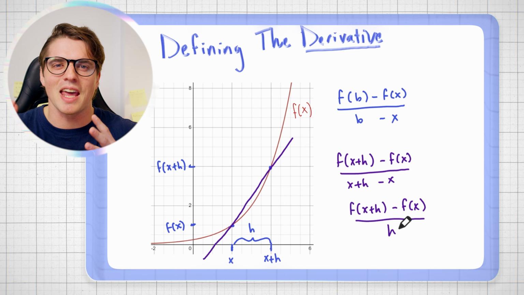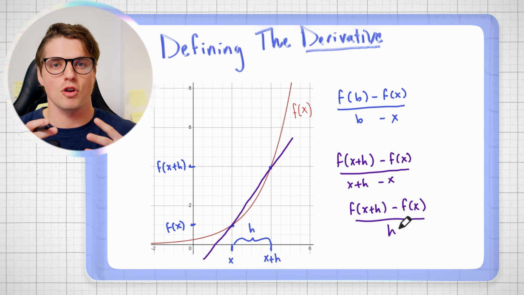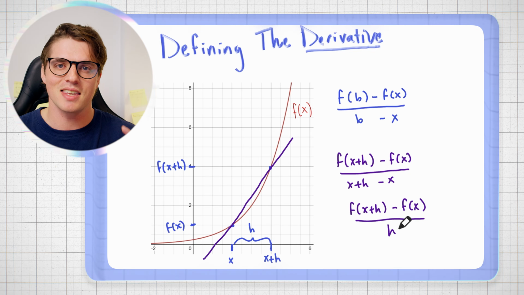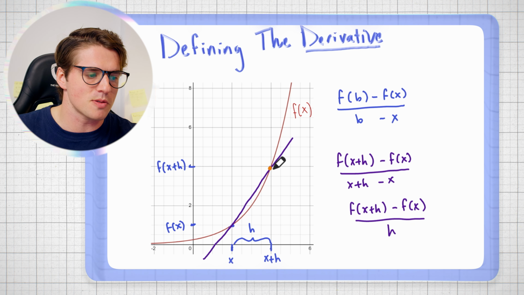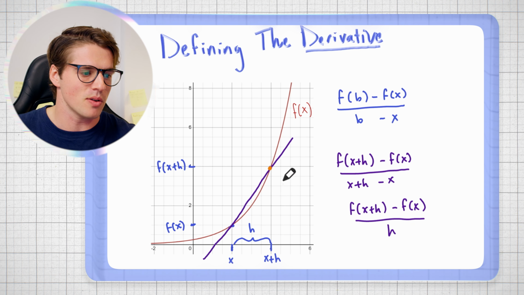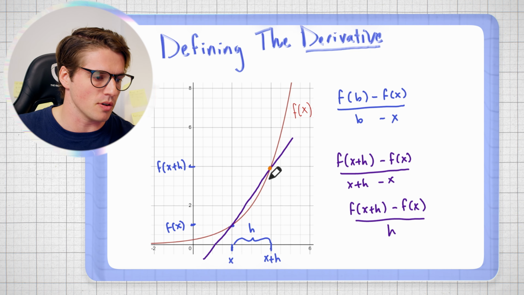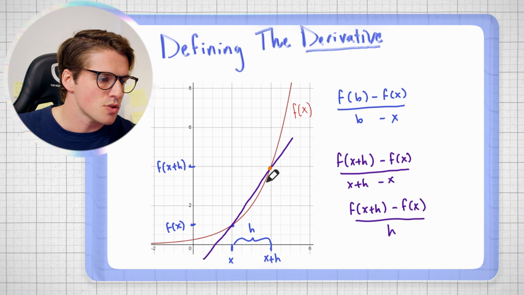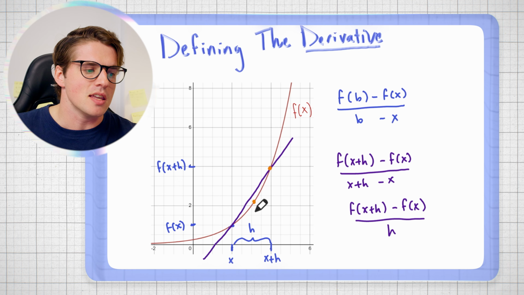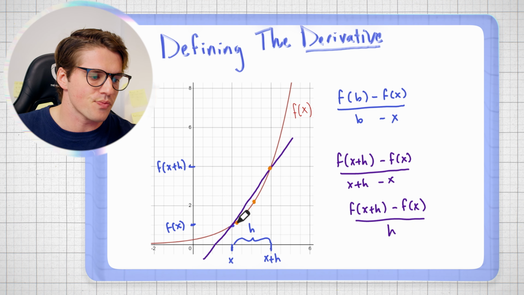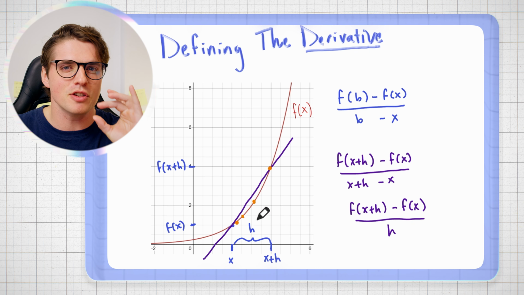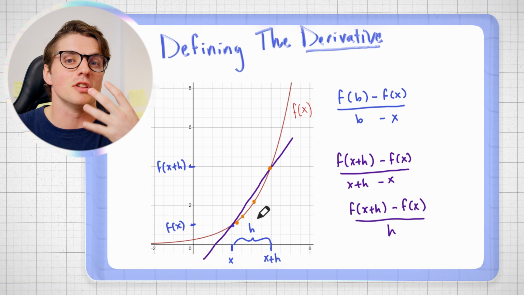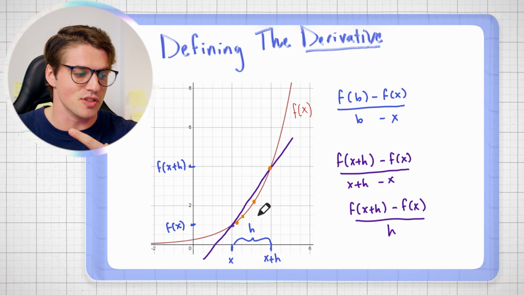This is still an average rate of change, or the slope of a secant line. It's not yet the derivative. In order to get the derivative, we need to bring that x plus h point much closer to our x value. If we keep bringing it closer, what we're doing to h is making h very small. We're taking the limit as h goes to 0.